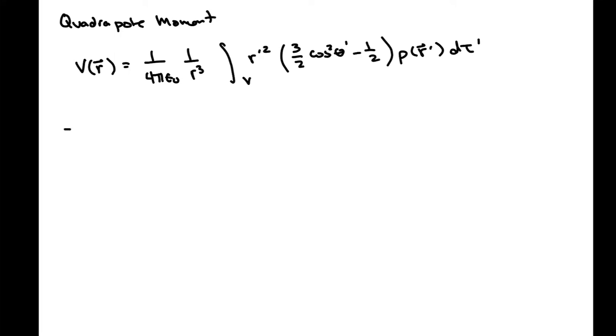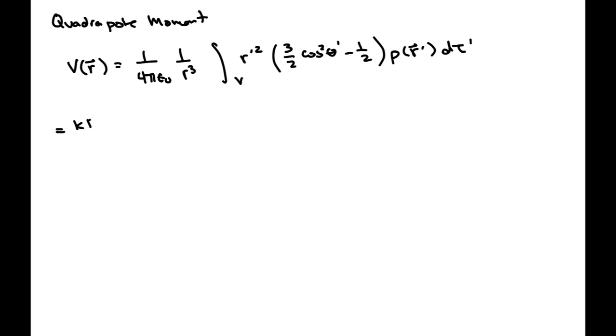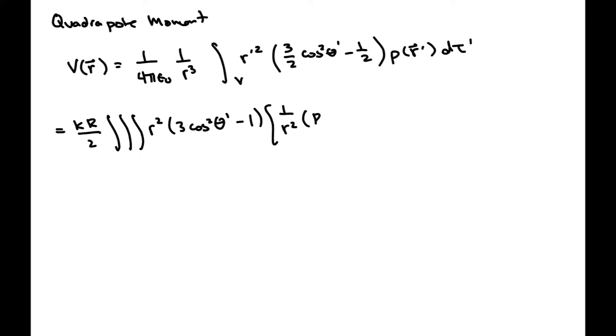All right, if I plug everything in for that, I get k times r over 2. Integration limits, you get r squared times 3 cosine squared minus 1, and then you've got to plug in what rho is, r minus 2r sine theta, r squared sine theta dr d theta d phi.